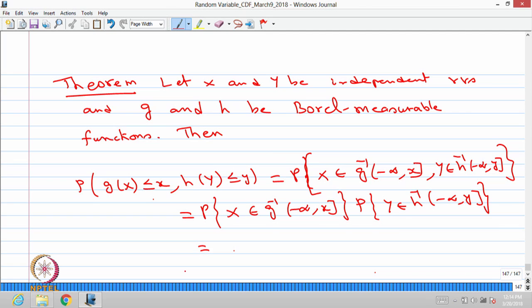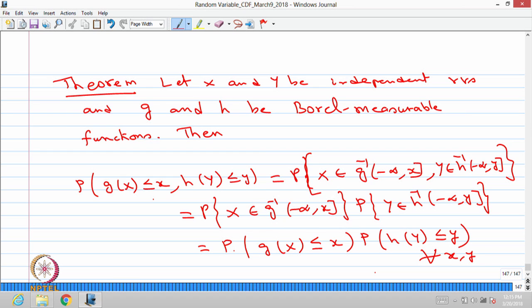That is the same as the probability of g of X less than or equal to small x multiplied by the probability of h of Y less than or equal to small y, and this is valid for all x, y.